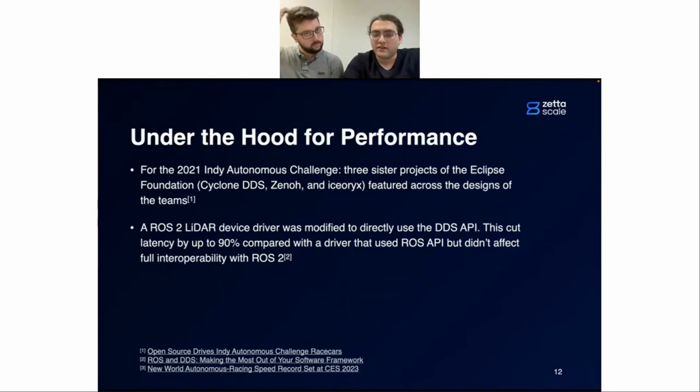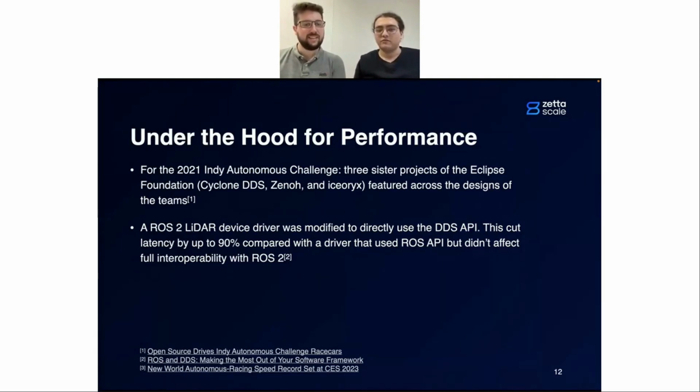One of the teams had a LiDAR device hooked up via ROS2, and the point cloud information wasn't coming in fast enough for them to compute it and relay the actions to be taken by the car. At the speeds these cars travel, hundreds of kilometers per hour, your latency budget is tiny.